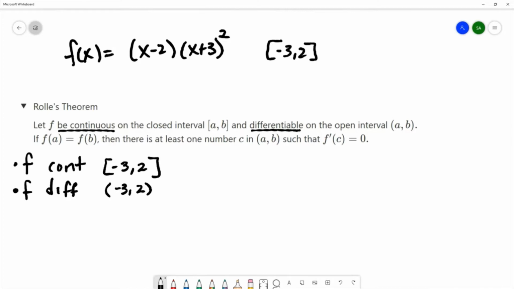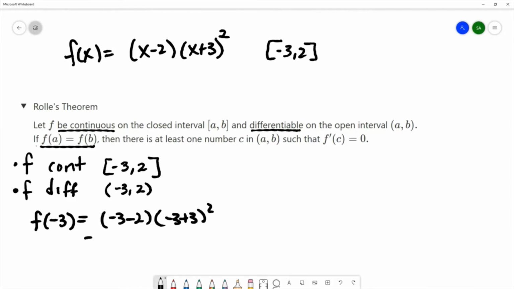And then the final condition is that we need f of a to equal f of b. So this is a condition that we need to check. So let's calculate f of a. F of a would be f of -3. That's (-3 minus 2) times (-3 plus 3) squared. That's -5 times 0 squared, and that's 0.